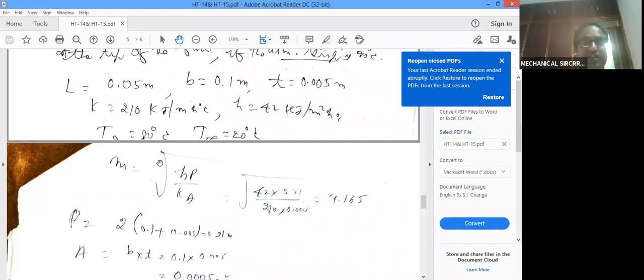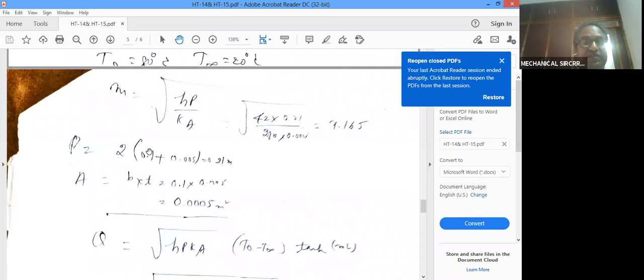If you multiply with 2, you will get the perimeter as 0.21. So substitute here: square root of h value 42 into perimeter 0.21, divided by k value 210 into area.